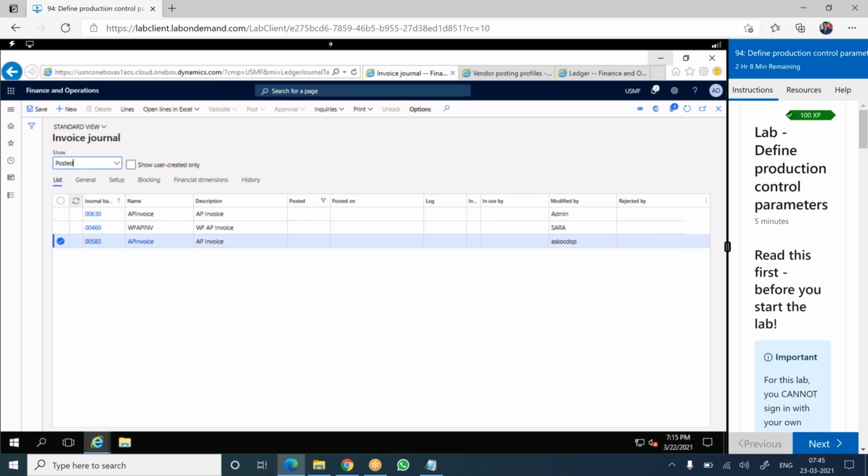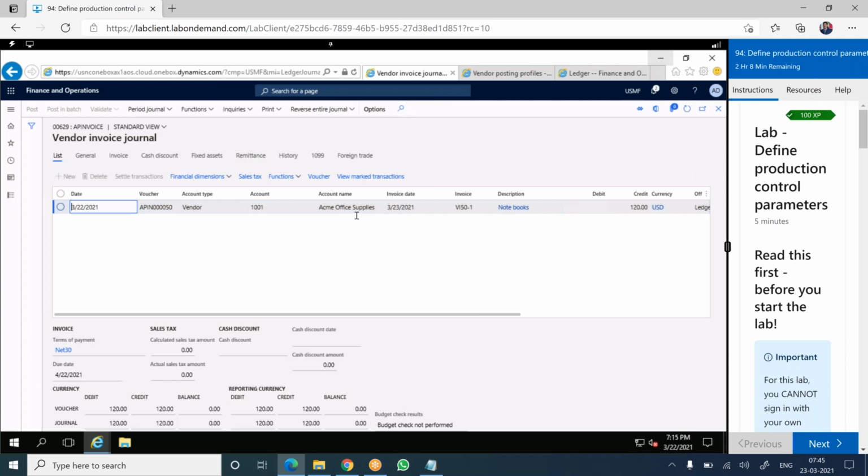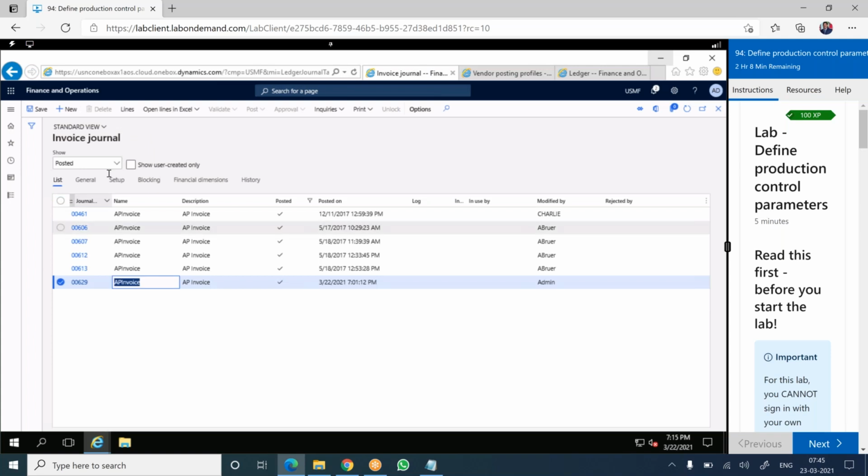It is purely vendor based, right? Yes, vendor based, exactly. So for 629, we have already posted one transaction. For vendor account 1001, I have entered a vendor invoice number, this one. Let me try to post the same number once again with vendor 1001.